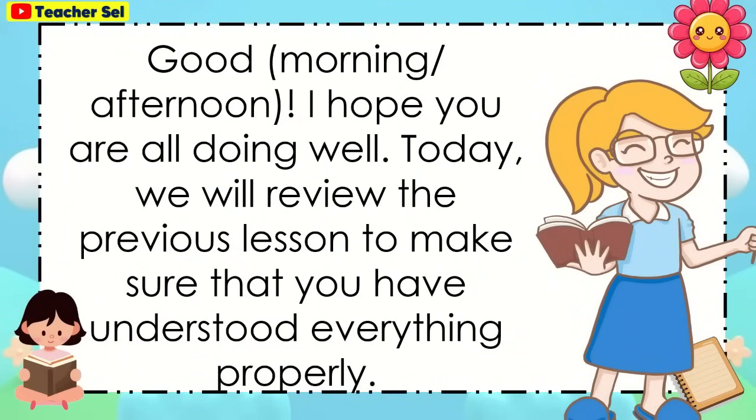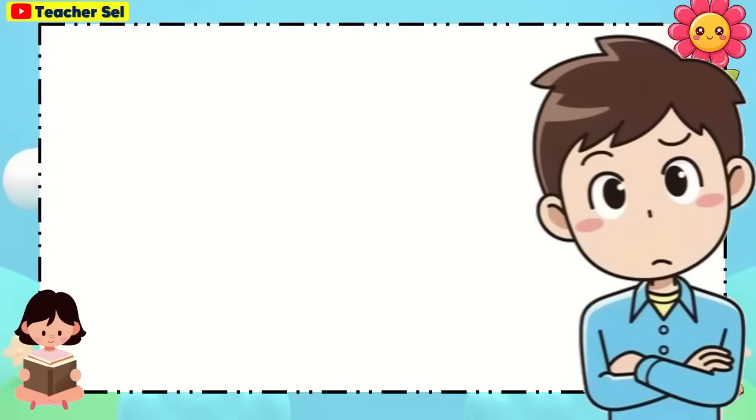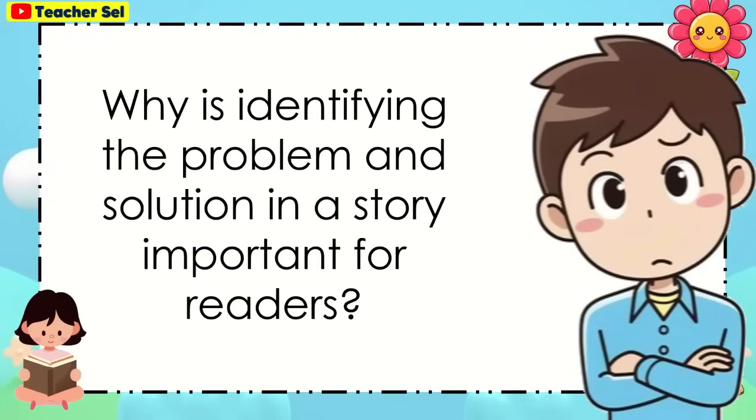Today, we will review the previous lesson to make sure that you have understood everything properly. What are important story elements that you should consider when discussing characters? Why is identifying the problem and solution in a story important for readers?